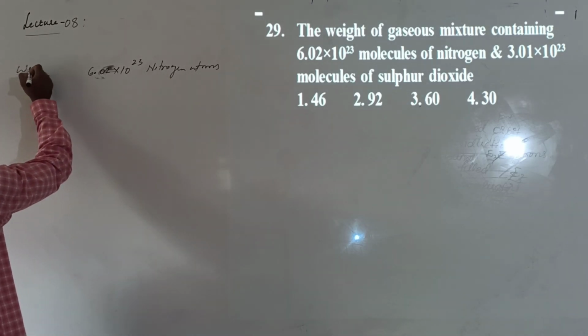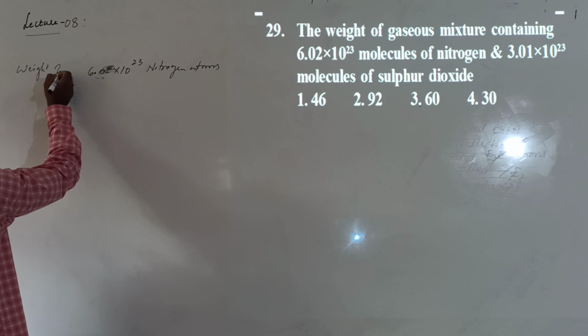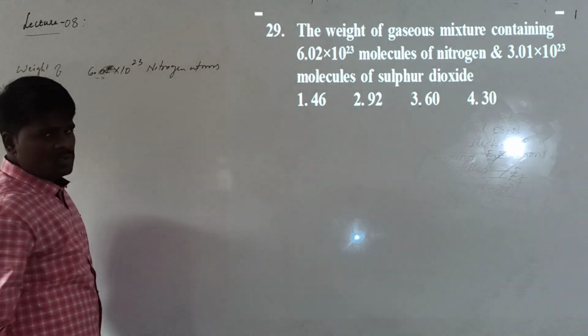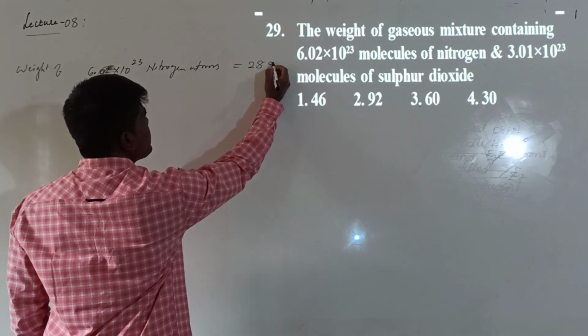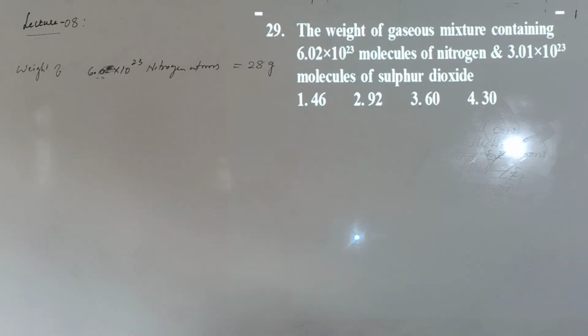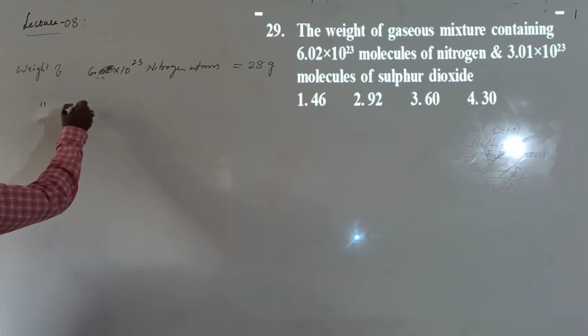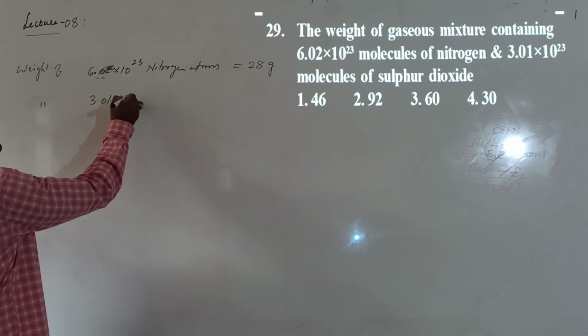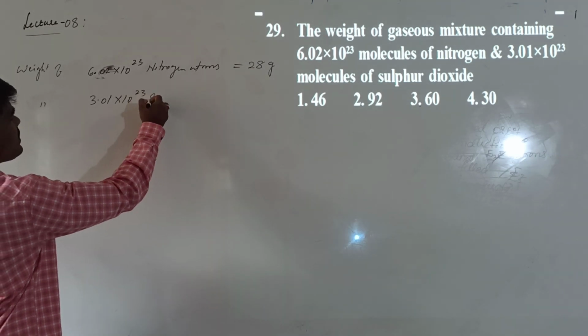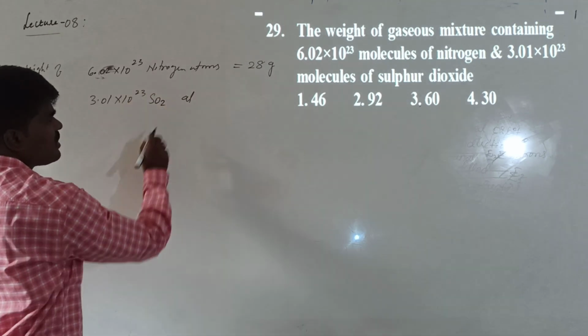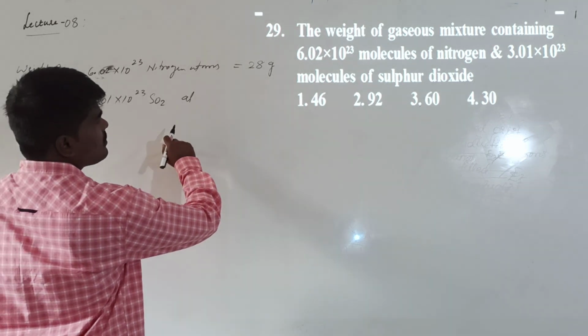We are talking about the weight of 6.02 into 10 power 23 nitrogen molecules, basically the molar mass, which is equal to 28 grams. Similarly, the weight of 3.01 into 10 power 23 sulfur dioxide molecules.